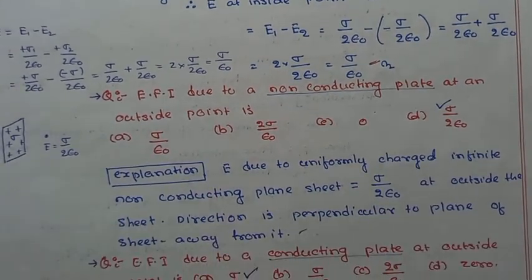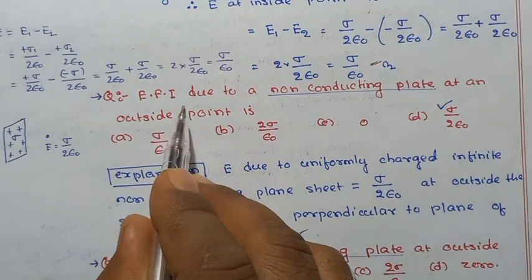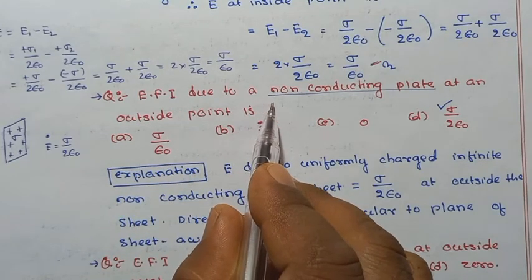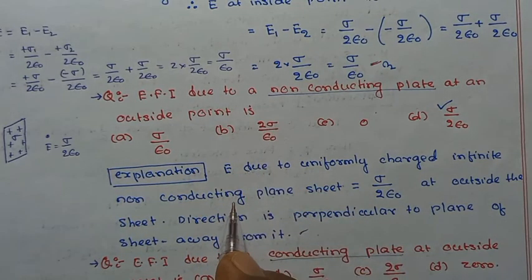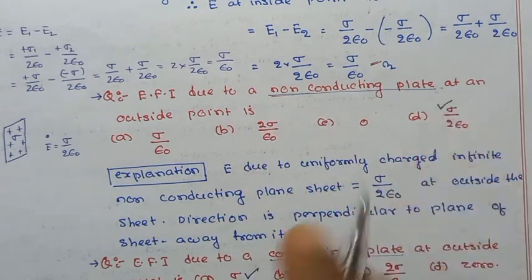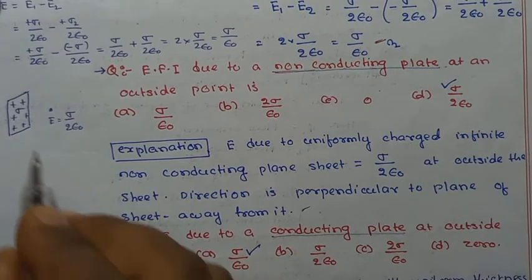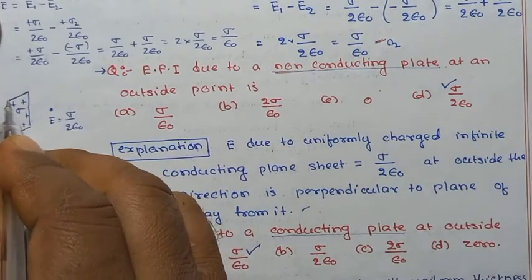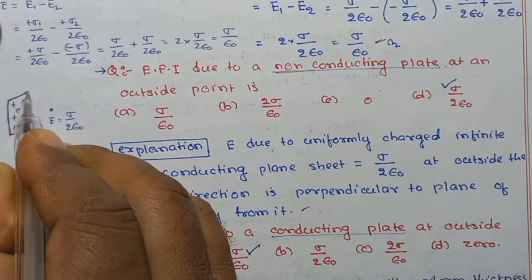Now next question is electric field intensity due to a non-conducting plate at an outside point. It is asked for non-conducting plate. See, this is the non-conducting plate.